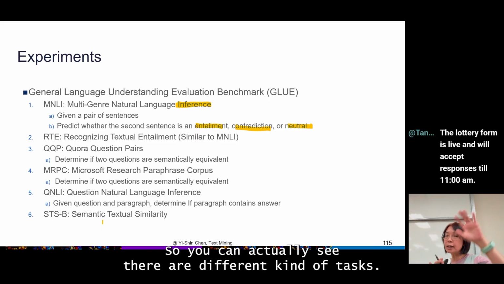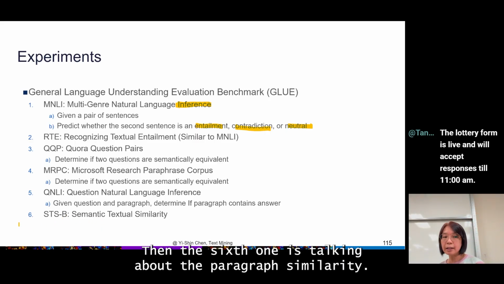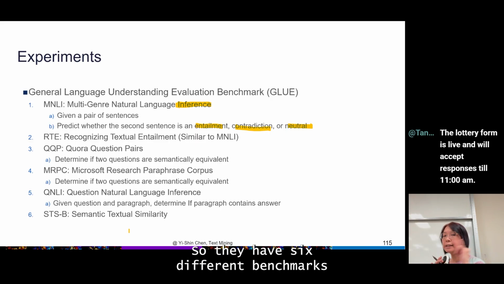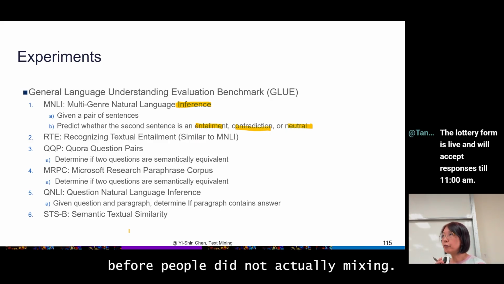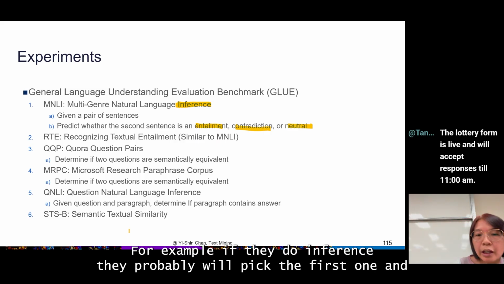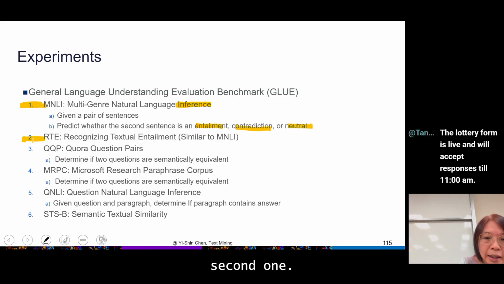Okay, so you can actually see there are different kinds of tasks. Then the sixth one is talking about paragraph similarity. So they have six different benchmarks. Before, people did not actually mix them. For example, if they do inference, they probably will pick the first one and second one, and that's it.